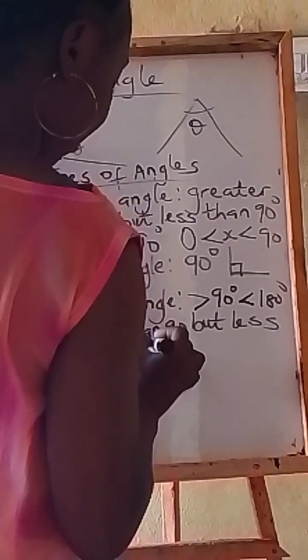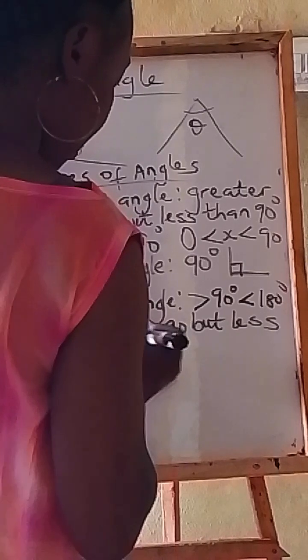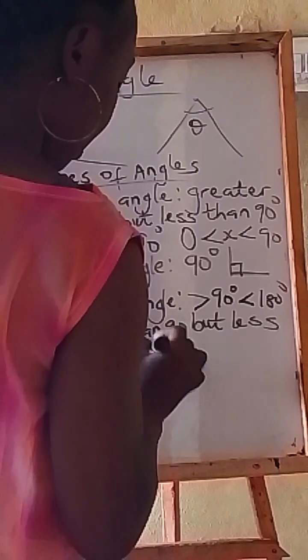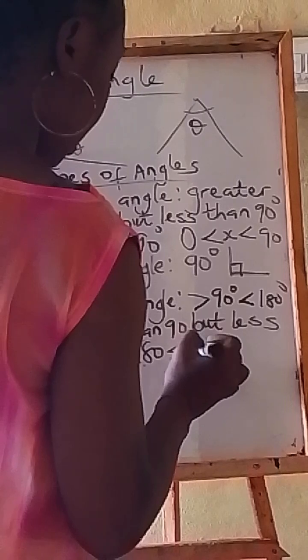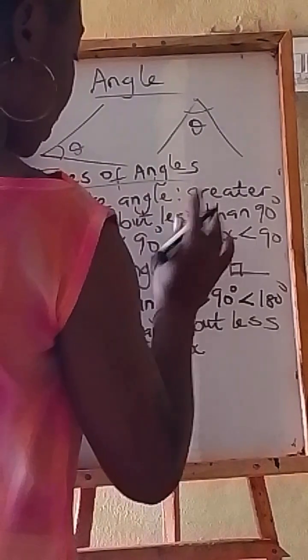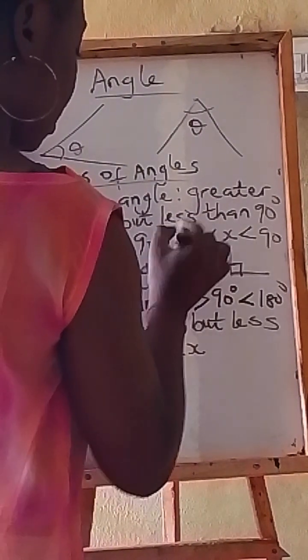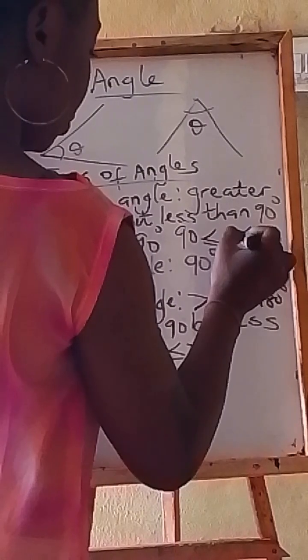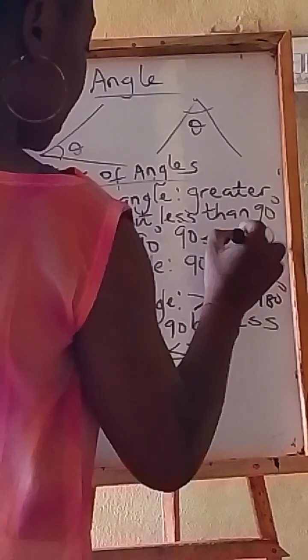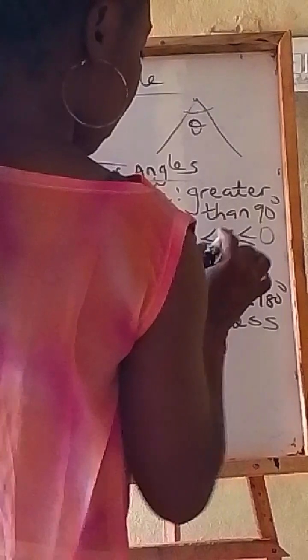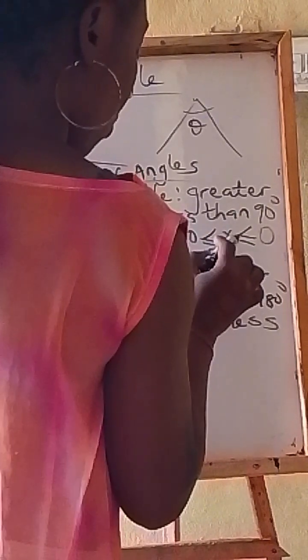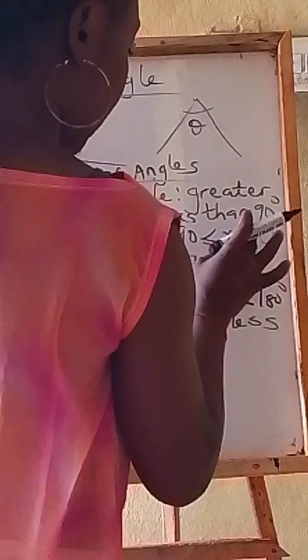So we have something like this: 90 less than s, less than 180. I can decide to write it this way.